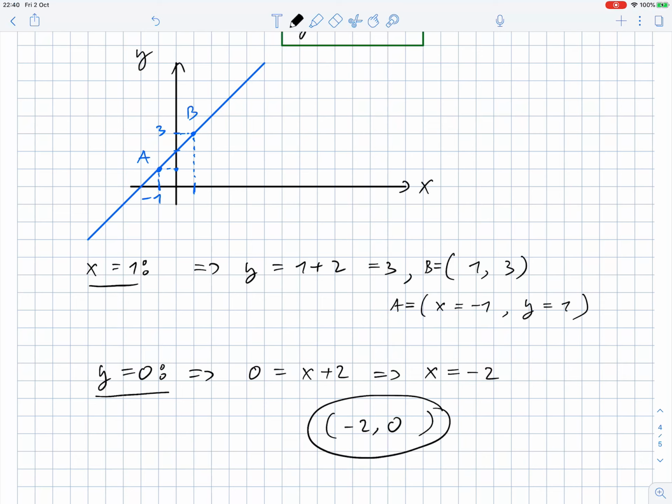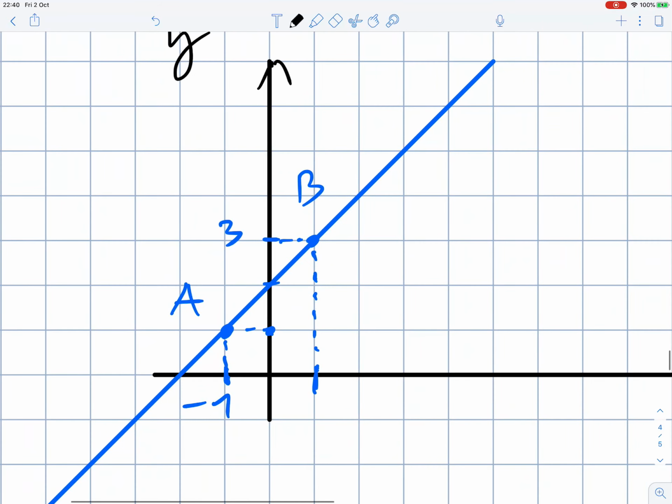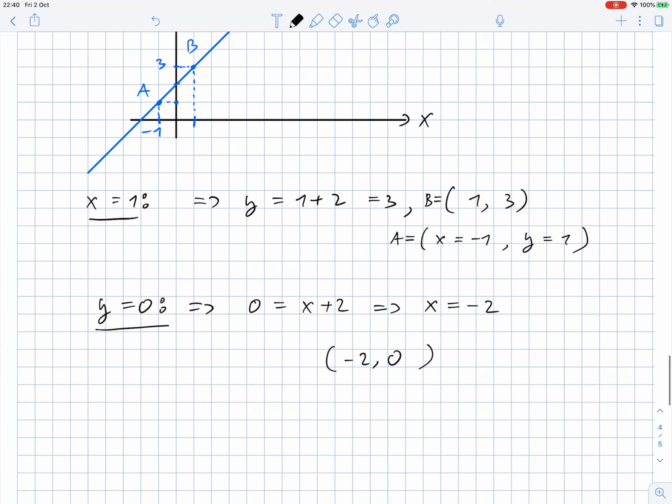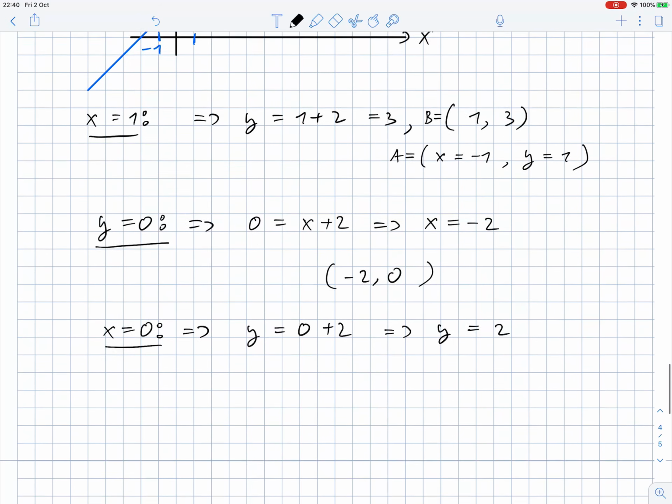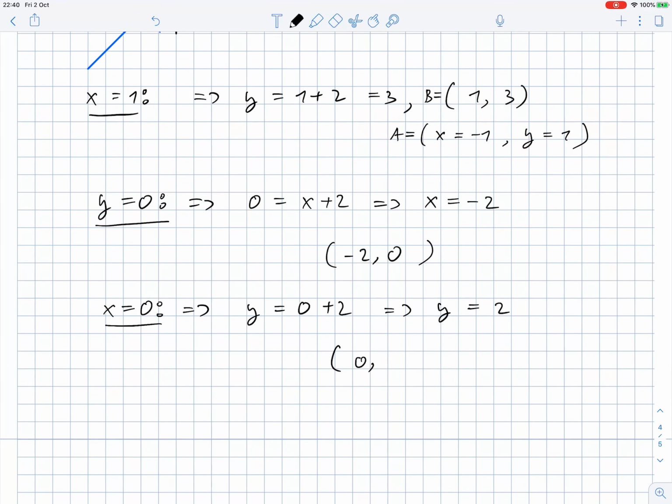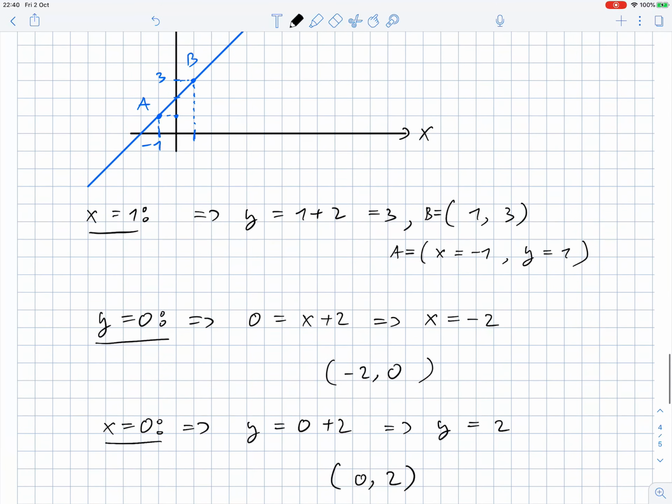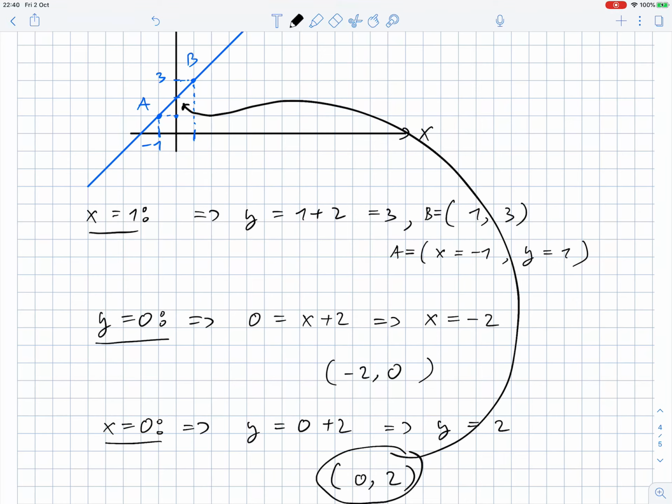I'm talking about this point over here. Now the second crossover point, between the linear function and the y-axis, I'm talking about this point here. In this case, x equals 0. Therefore, we have y equals 0 plus 2, which means y equals 2. And the second crossover point is 0, 2. I'm talking about this point over here.